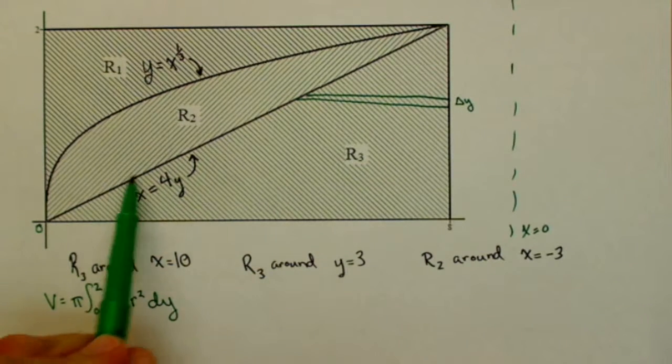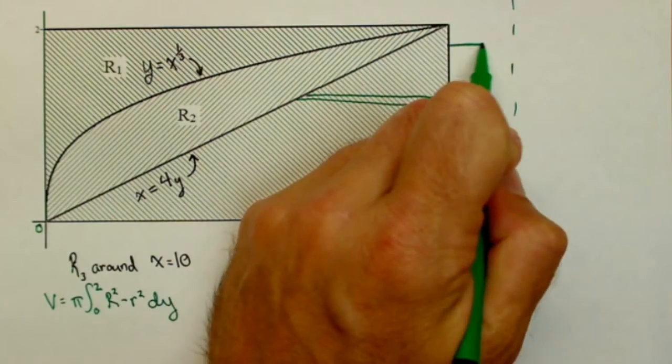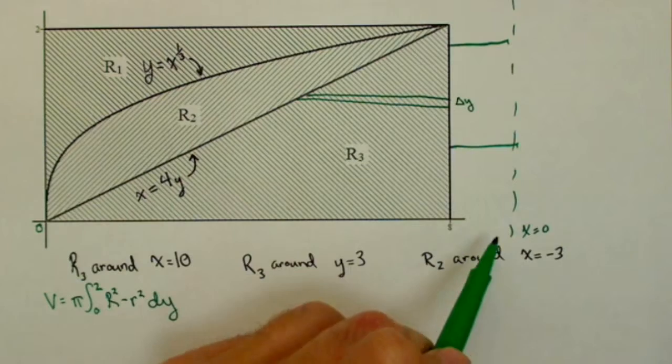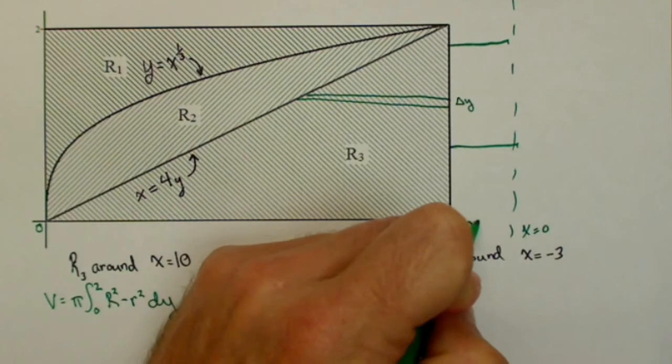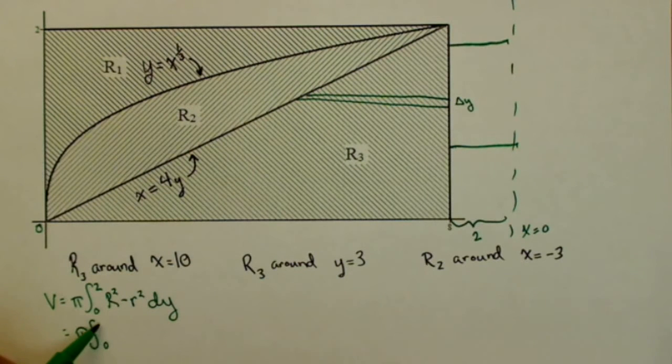Our big radius is actually just our function here, but we do need to add this extra little bit of space to it, which is 2 units. So our large radius is going to be (4y plus 2) quantity squared.